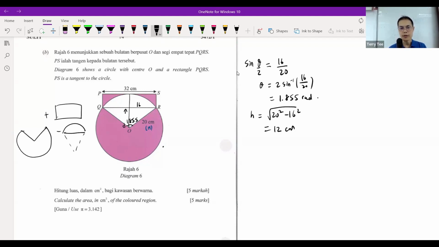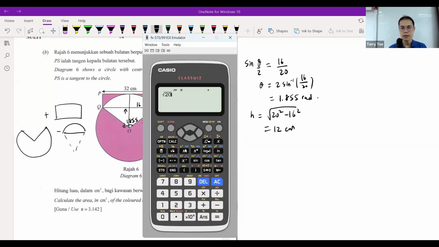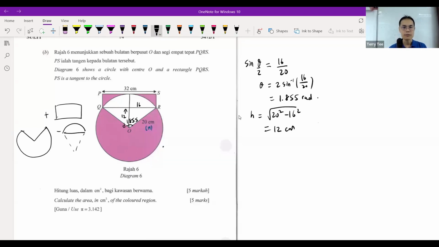It's a 3-4-5 ratio actually. The length from here to here is 20 because this is the radius. The radius is 20. 20 minus 12 should be 8. So PQ is 20 minus 12, which is 8.